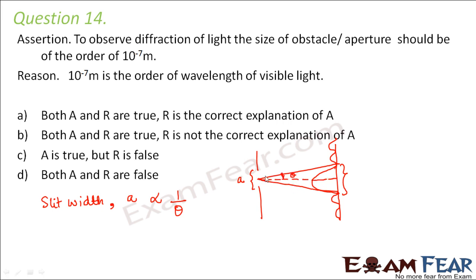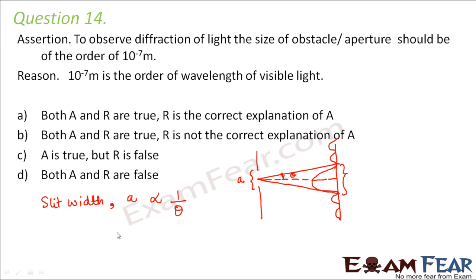That's what I was telling just now: if A is very small, like the slit is very small, then theta is quite big, so you have a very wide central maxima. Whereas if A is very big, that means the width of the slit is huge, then theta is very small. In fact, theta could reduce to almost 0, where you do not see any diffraction at all.